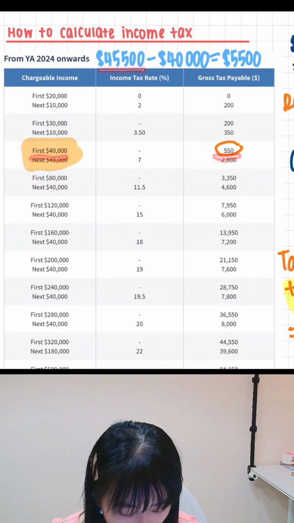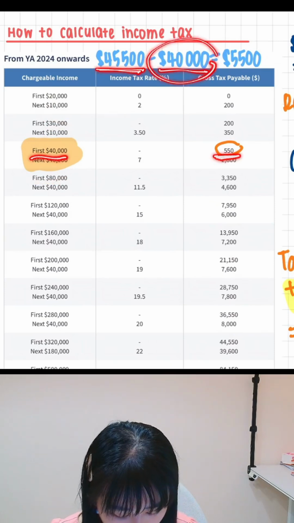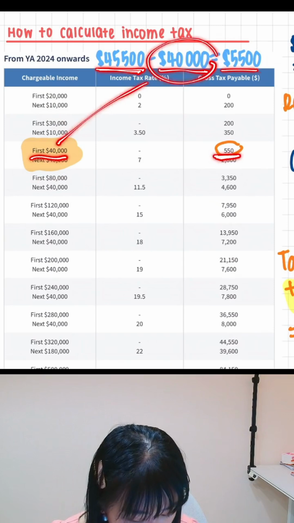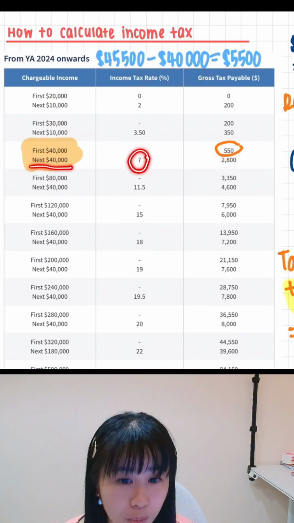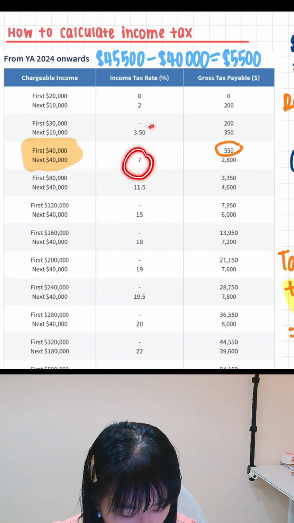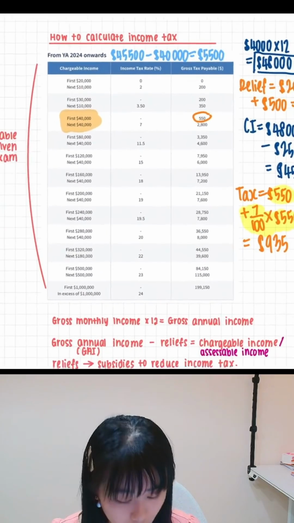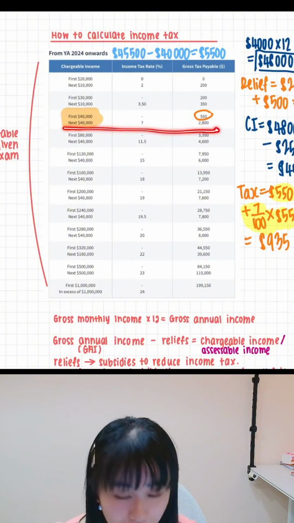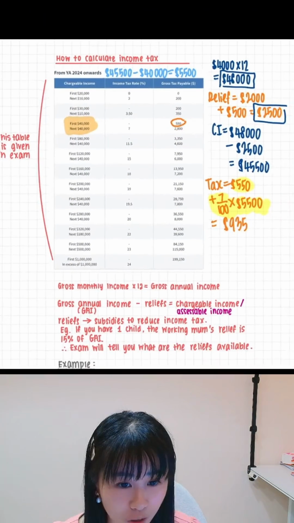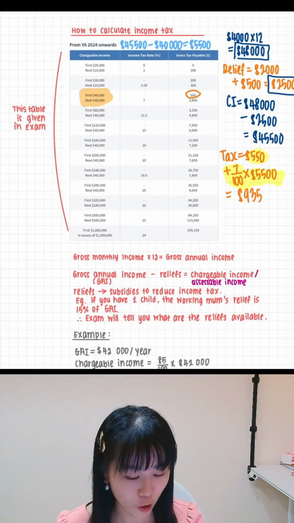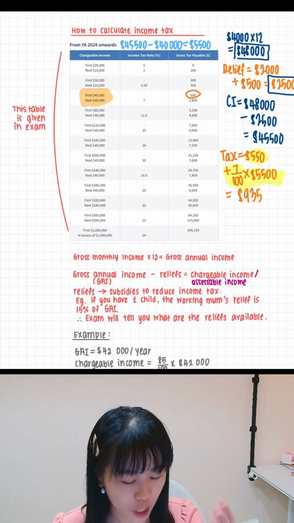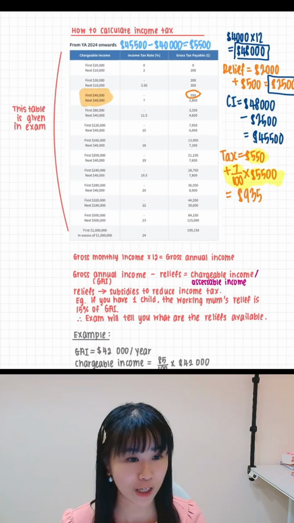So you take your amount minus this 40,000 first. The remaining 5,500 is classified under the next 40,000, which is charged 7%. So you take 7% of 5,500. That's the amount you need to pay in the second layer. But don't forget to add back the $550 from the first layer. That's how much tax you will be charged if your chargeable income is $45,500.